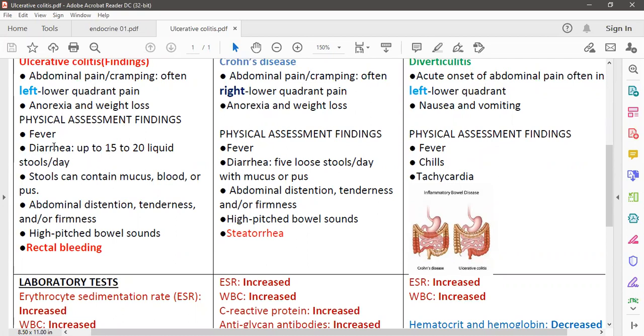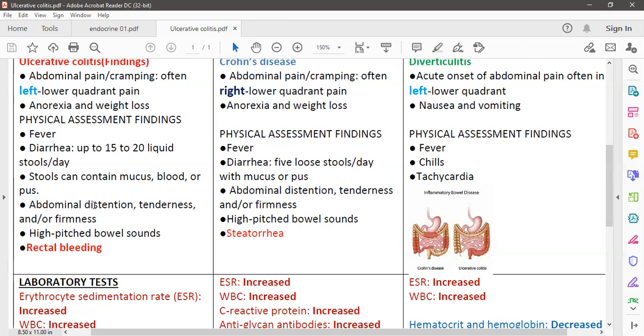What about diarrhea, right? Diarrhea is also common in Crohn's disease and diverticulitis as well. But in case of ulcerative colitis, the diarrhea is usually 15 to 20 liquid stools per day. Crohn disease also has diarrhea, but not that much. Frequency is less, about 5 loose stools per day with mucus or pus, right?